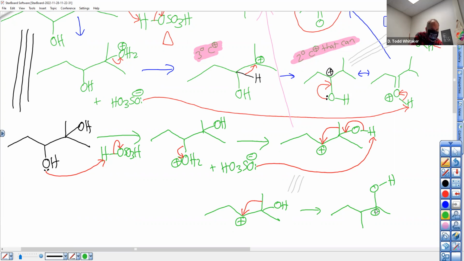Resonating cation, right? And then that's going to join up with the pink arrow above. Because you're going to use your OSO3H minus and grab the H. Sigma becomes pi, end of story. I didn't combine anything down there.